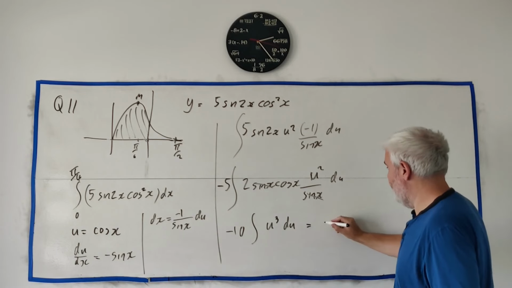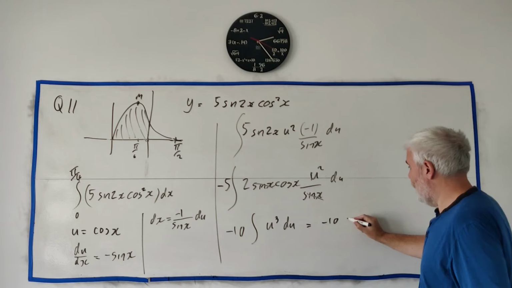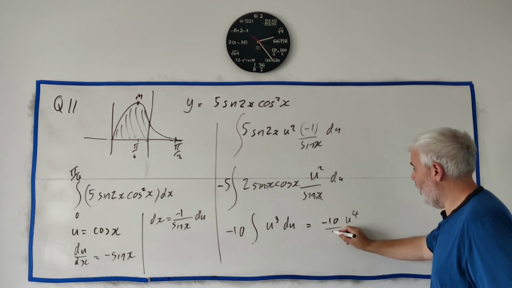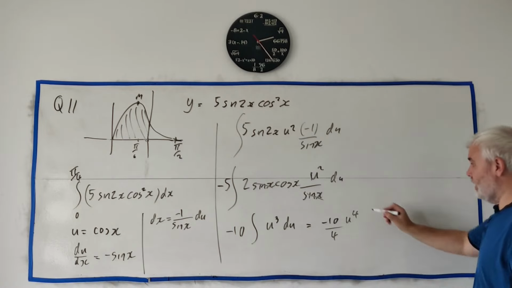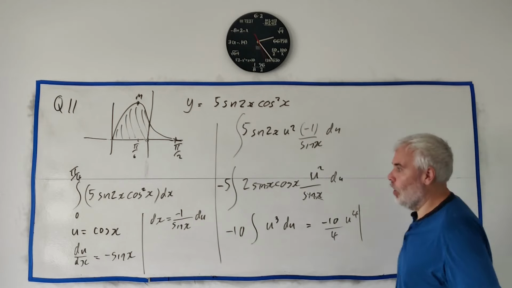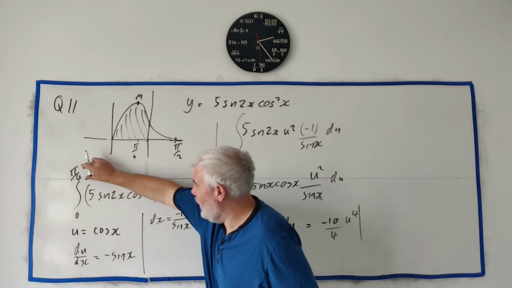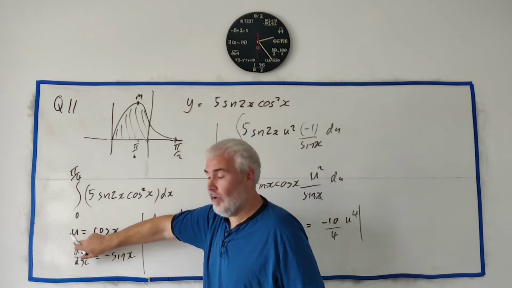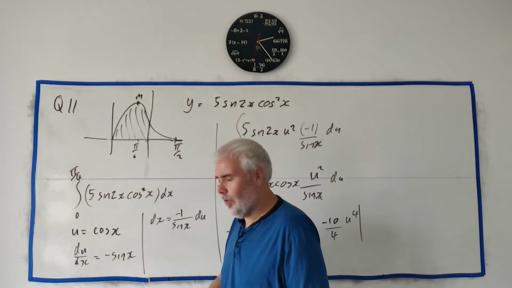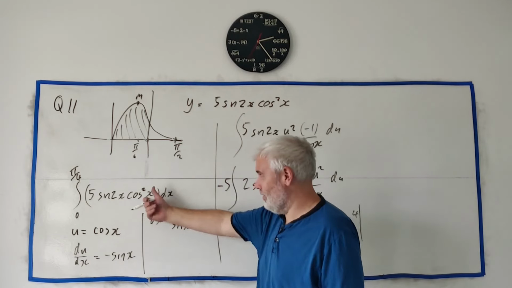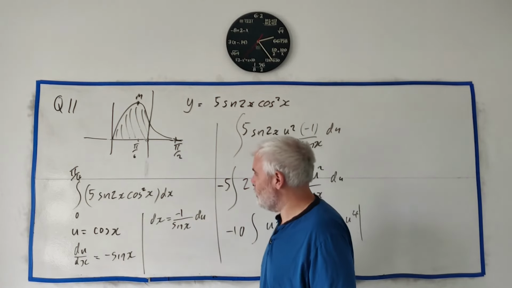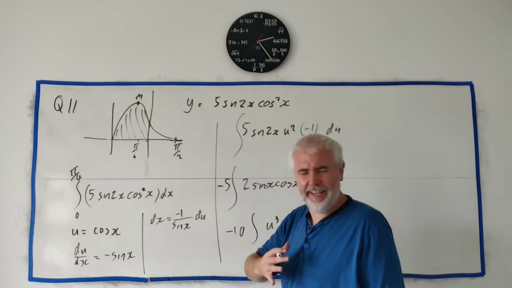The answer to this is minus 10 times u to the power 4 divided by 4. That's evaluated at some numbers which we don't know. We could figure it out, just put in pi over 4 in here, and we find out what that is. I don't know off the top of my head, 1 over square root of 2 maybe, I'm just remembering the rest of the question. But we don't have to do that. That's how I like to do it.